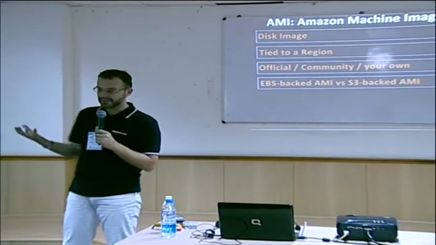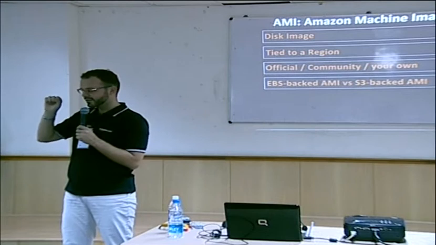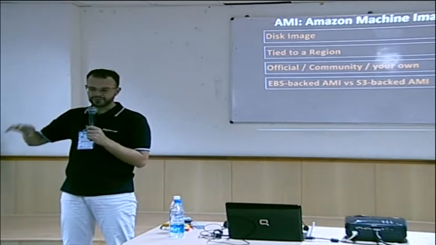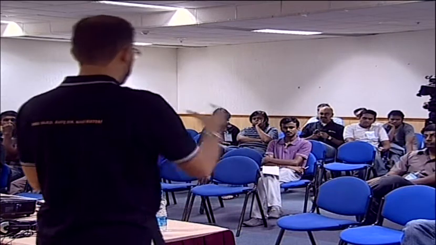But you need a disk image to start with. Think of it as the screenshot of a machine in which Linux or Windows are running. You just take the screenshot, take the instantaneous picture of that machine and put it on a disk. That's a disk image. And that's what you use to boot a server.